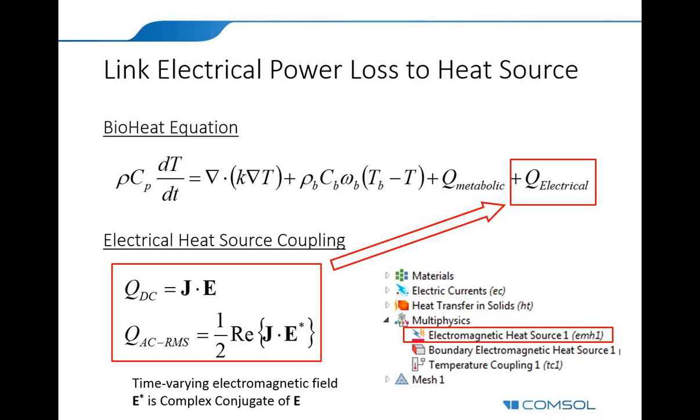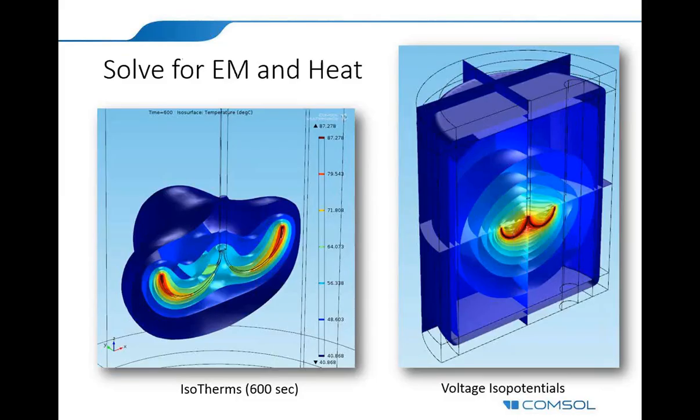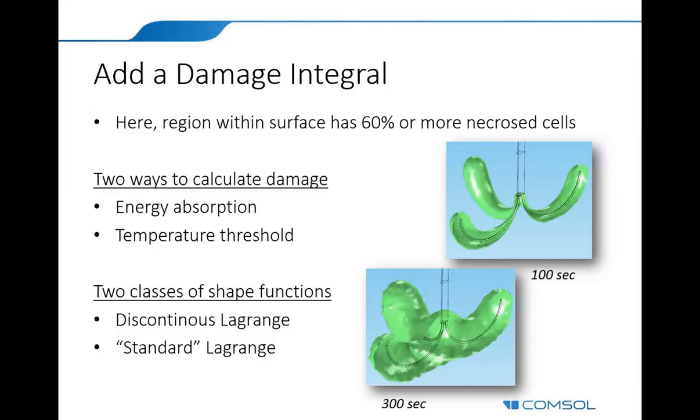As you move up in frequency to true RF, then you'd have a very similar thing. And the idea is that the losses coming from electrical are piped into the source on the heat. Okay? What we'll do is we'll solve for electromagnetics and heat. Now, after this, we'll do both of these things for an RMS analysis of what's essentially DC.